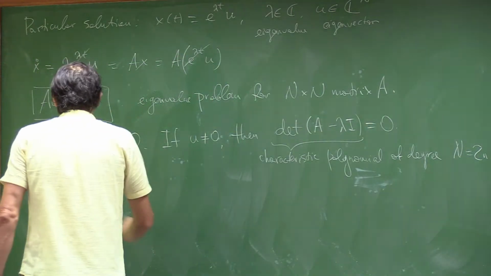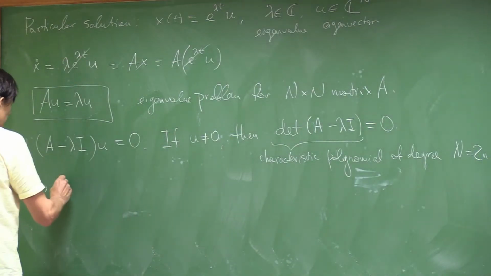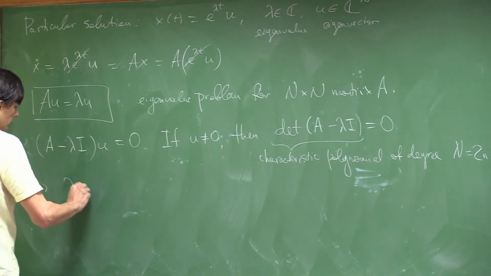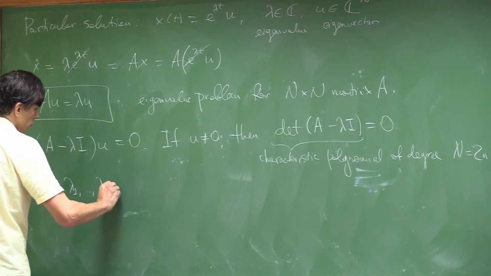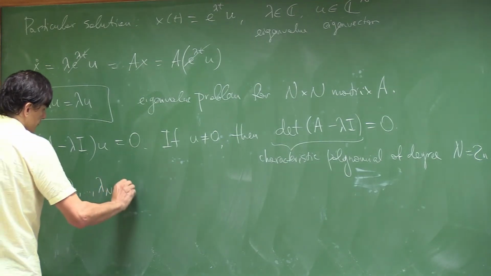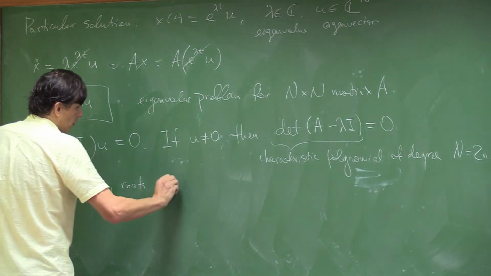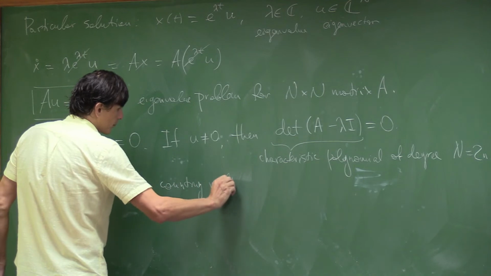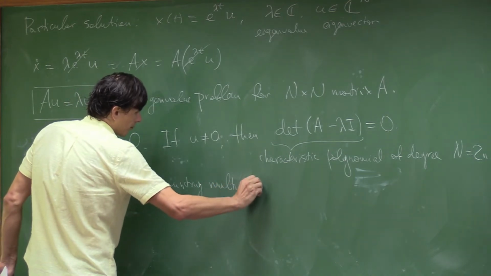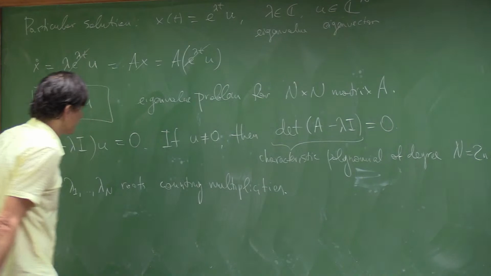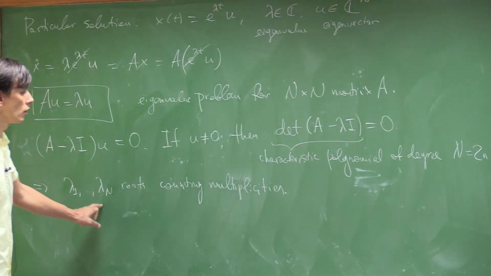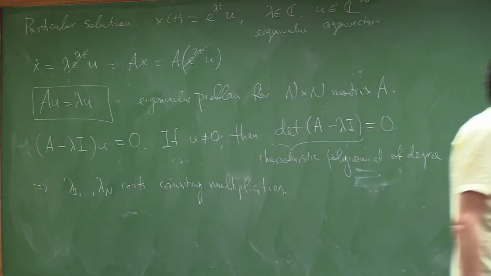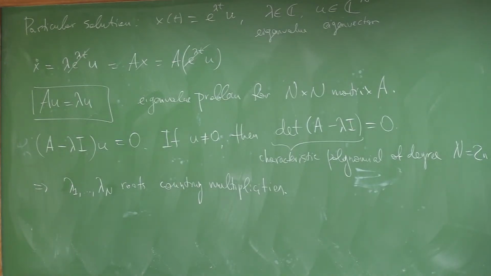Which gives you n roots, or capital N roots, counting multiplicities. So just the same as we had before, exactly the same roots as this. The problems should be equivalent.